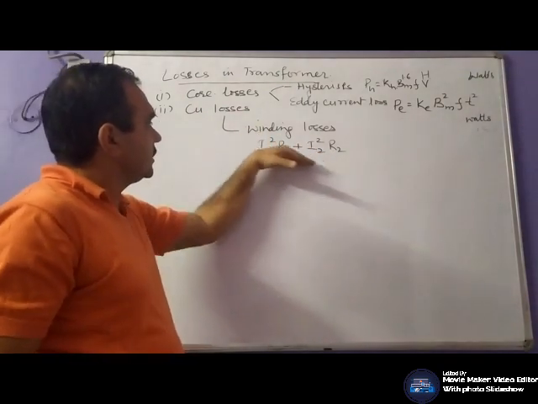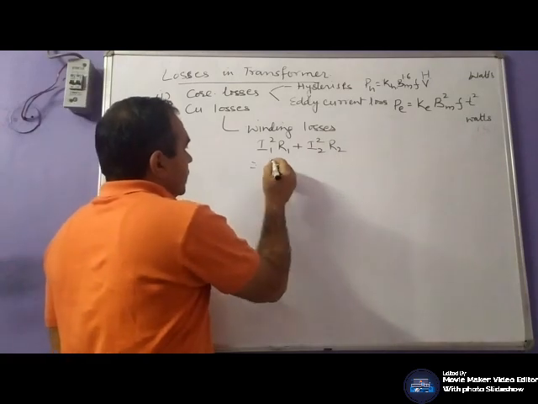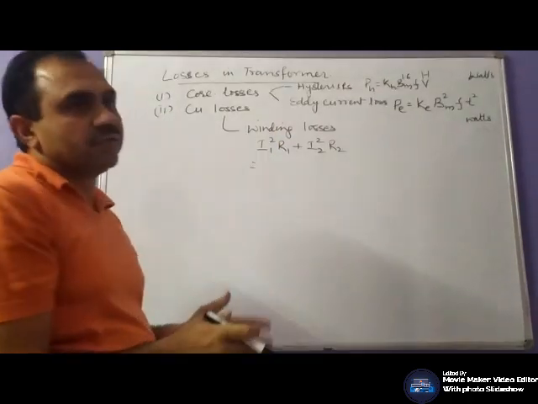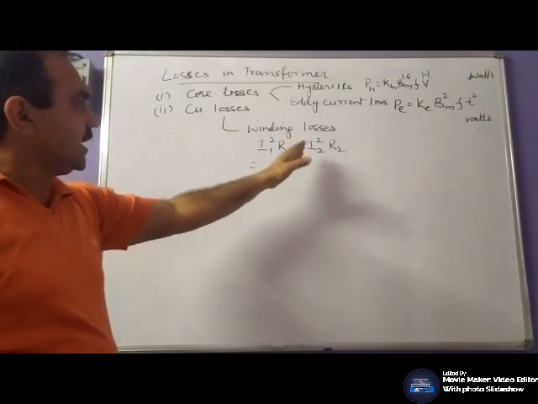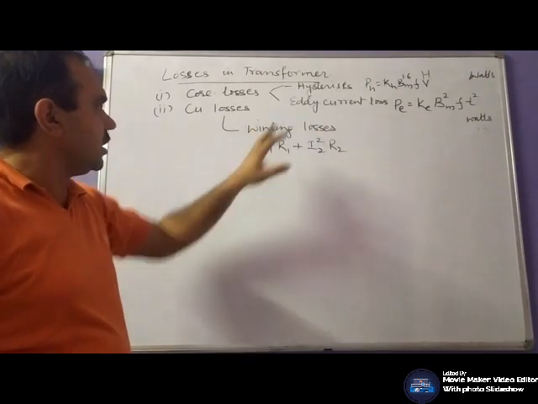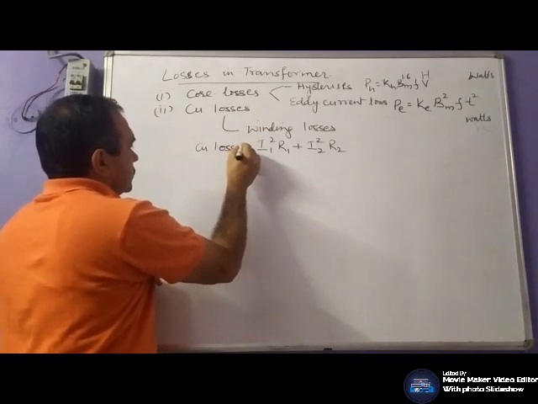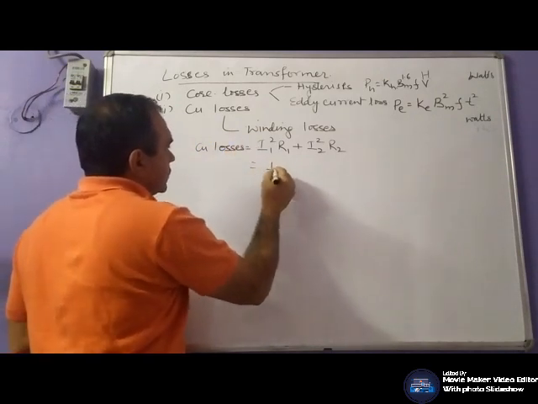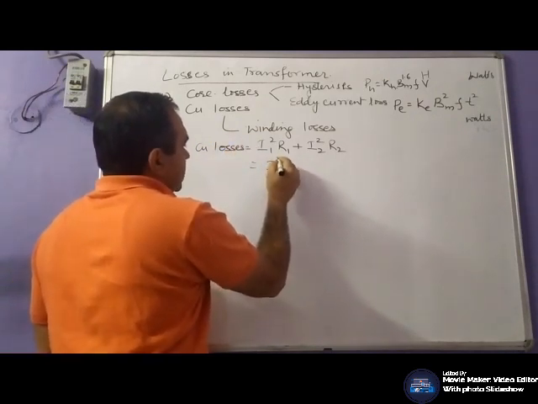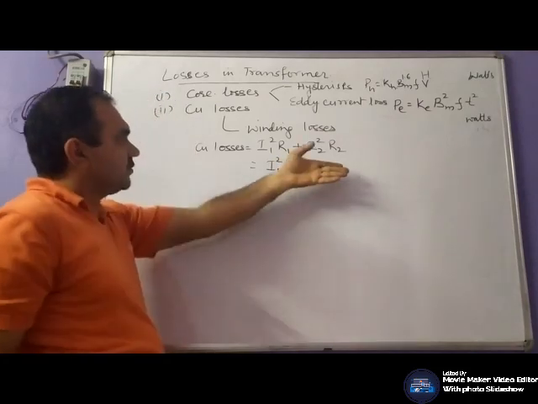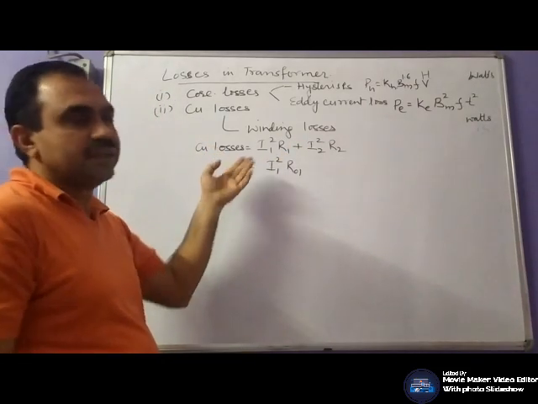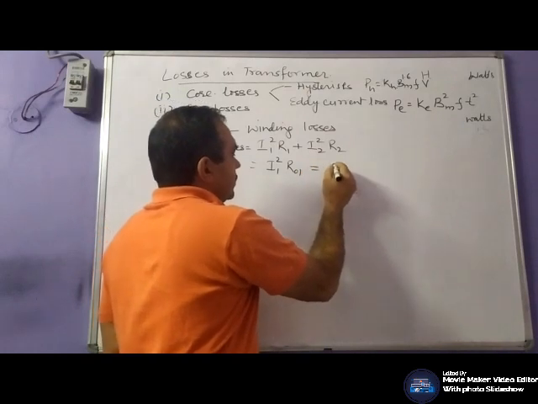These losses may be winding losses: primary winding copper losses and secondary winding copper losses make up the total copper loss. Or they may be represented as I2 square times the total equivalent resistance referring to the secondary.